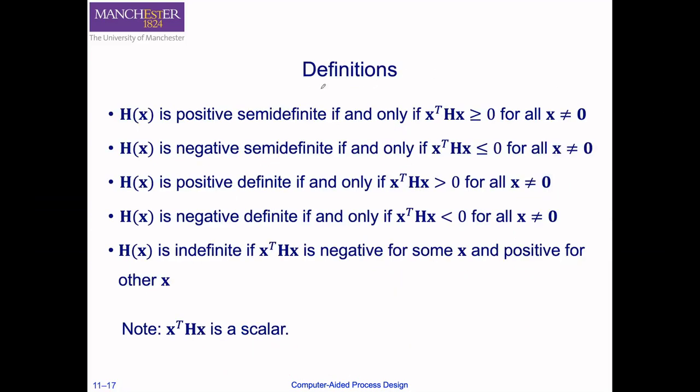We also need to know some definitions related to this Hessian matrix. A Hessian matrix is positive semi-definite if and only if this condition, this inequality constraint, is satisfied for all x not equal to 0.